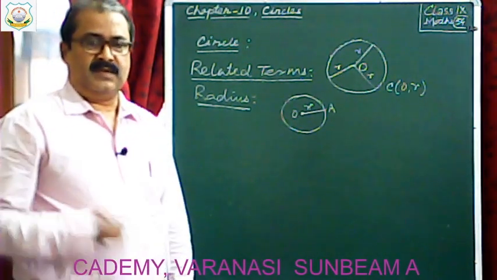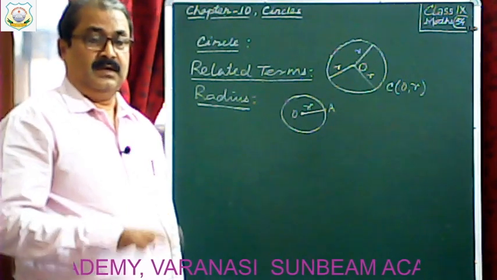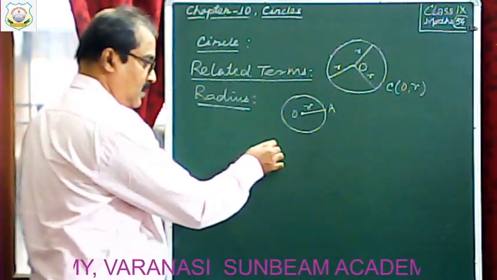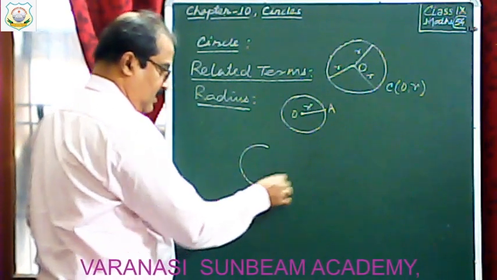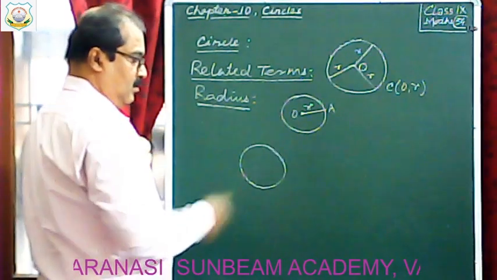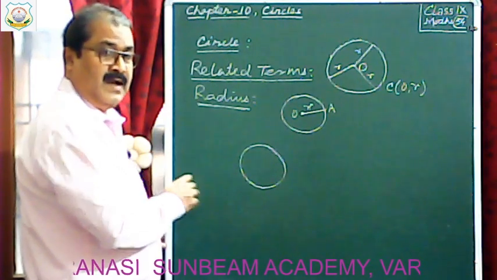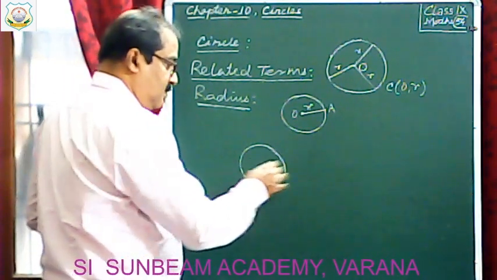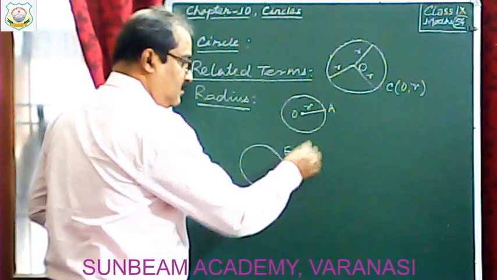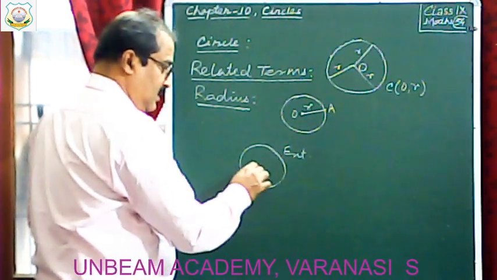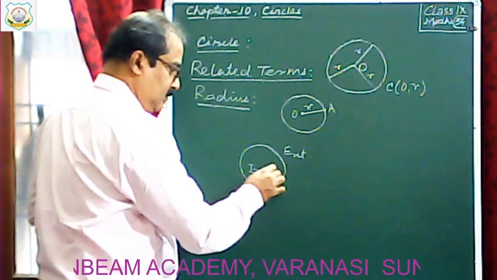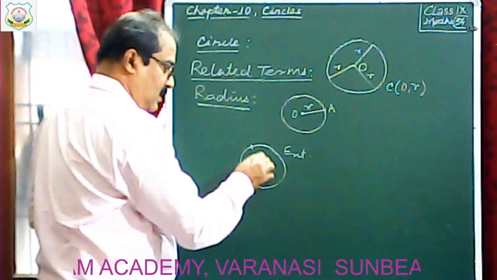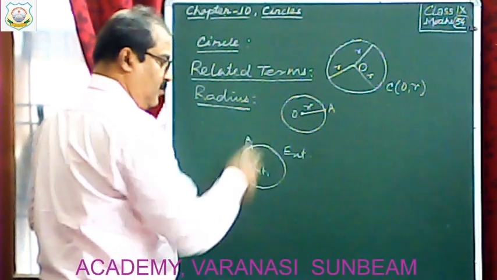One thing more: a circle divides a plane into three regions, three parts. If we draw a circle on a plane, this circle divides the plane into three parts: exterior of the circle, interior, and a point on the circle.